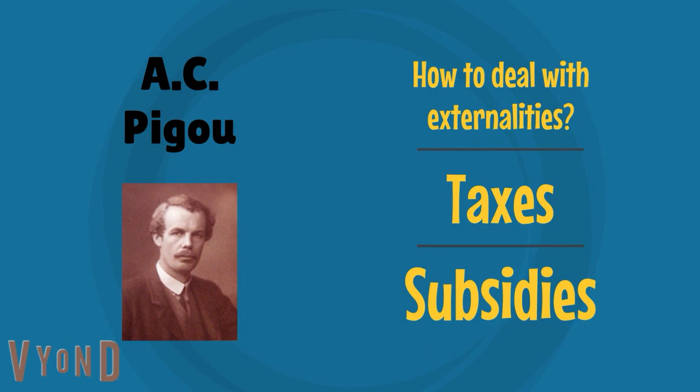So how do we deal with externalities? Pigou's answer is that you use a tax system or you subsidize, which means what? It means either we tax that factory that's polluting, or we tax the people who benefit from the park, and in doing that, they are going to start to match the social cost with the private cost.